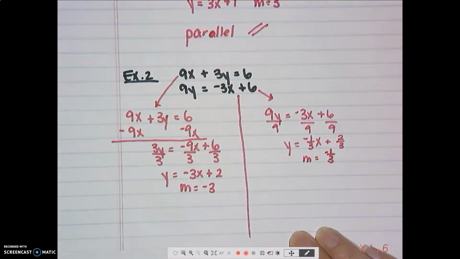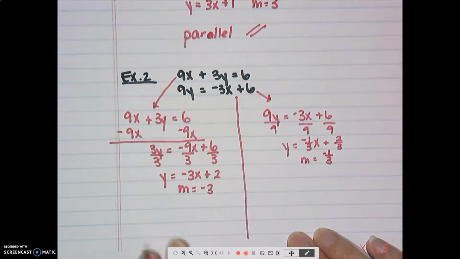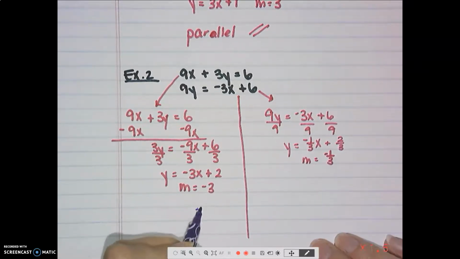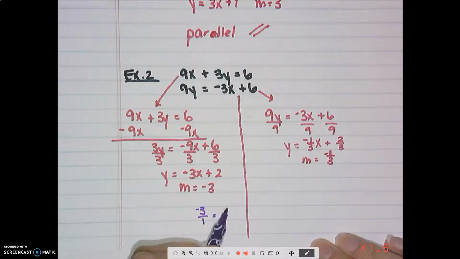Well, we know they're not the same. They can't be the same because negative 3 and negative 1/3, not the same thing. For perpendicular, they would have to be opposite reciprocals. So if we take this negative 3, that would be negative 3 over 1. If we make it be the opposite reciprocal, we would flip the fraction and we would switch the sign of it.